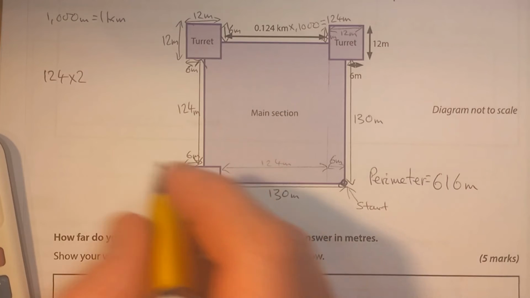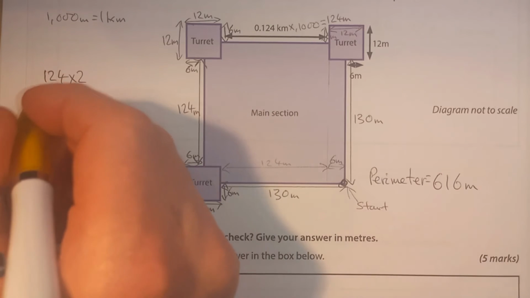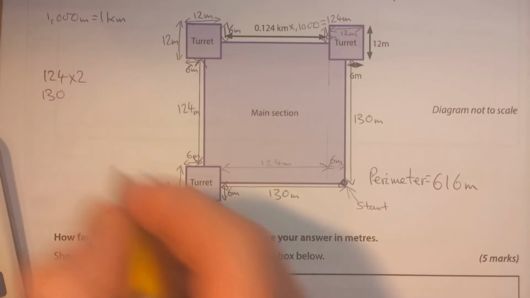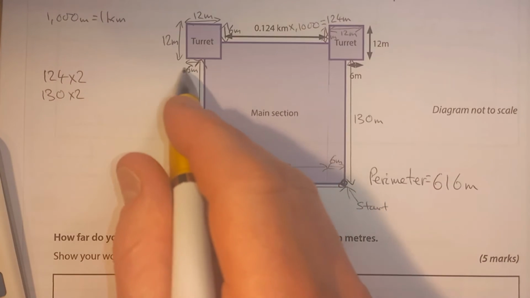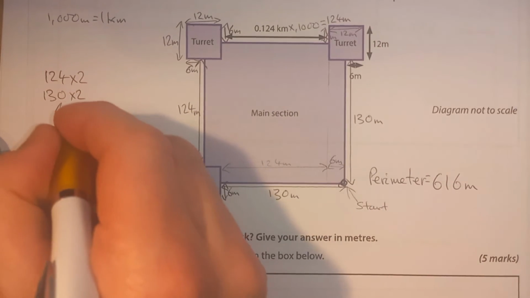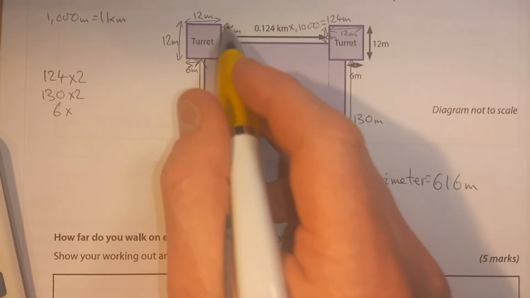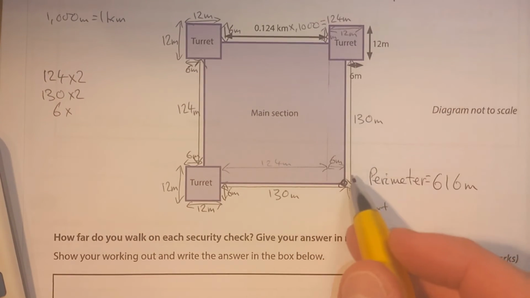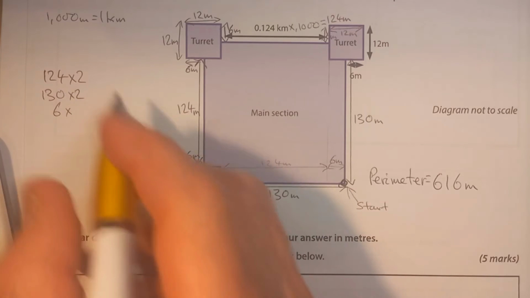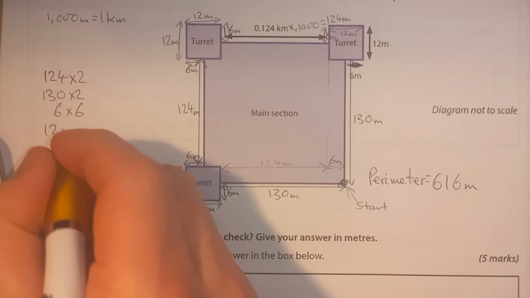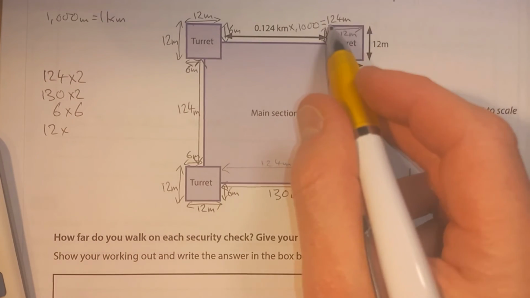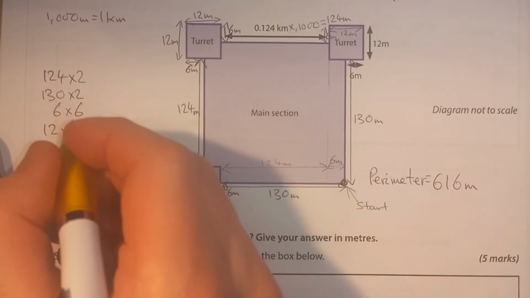Then I've got 130 metres, and I've got 2 of those. Then we've got some of these 6 metres, and we've got 1, 2, 3, 4, 5, 6. So we've got 6 times 6, and then we've got some 12 metres as well. And we've got 1, 2, 3, 4, 5, 6.